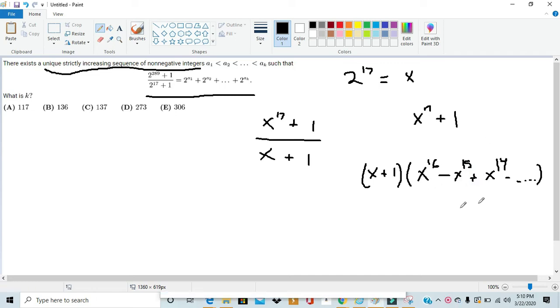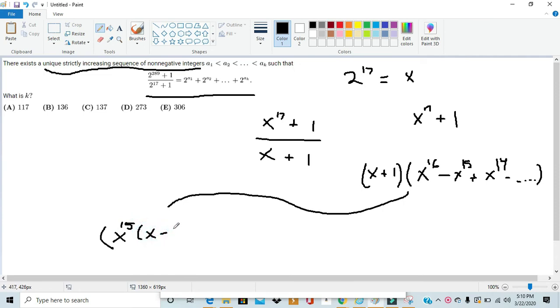From this equation, we can factor it out to carry the x to the 15th on both sides. So bringing it down, we get, in parentheses, x to the 15th times x minus 1 plus x to the 13th, because we're factoring out x to the 13th from each of these terms, times x minus 1.